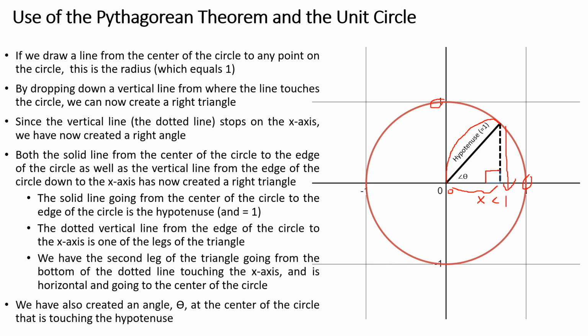And the distance from the origin up to that point on the y-axis is also less than 1. Since we've created a right triangle, I've got an angle coming out of the origin, and that's what we're interested in. And since it's a right triangle, that radius of 1 is the hypotenuse.